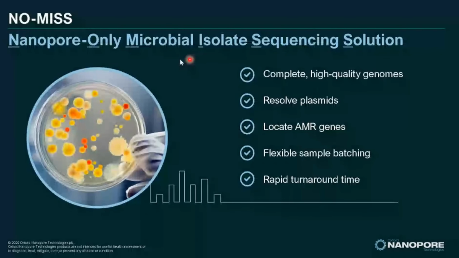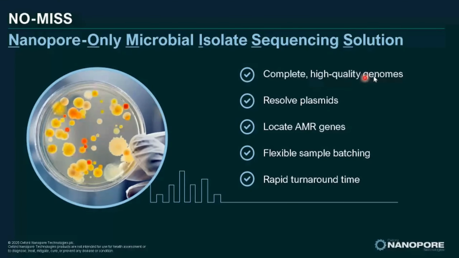In Nanopore, we have an end-to-end solution that we call the Nanopore-only microbial isolate sequencing solution. What this method produces is basically the whole genome of the bacteria, which in the food industry means the foodborne pathogen. The information it offers is the complete, high-quality chromosome DNA.